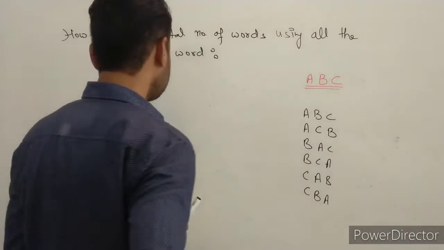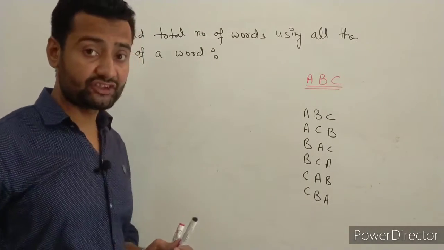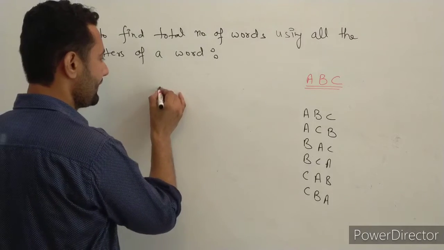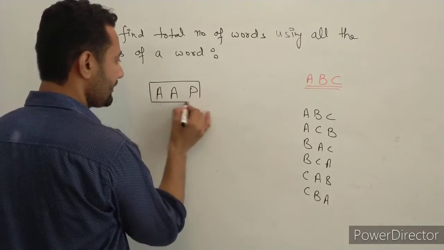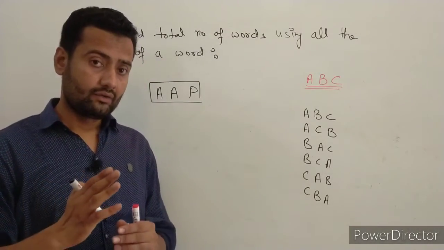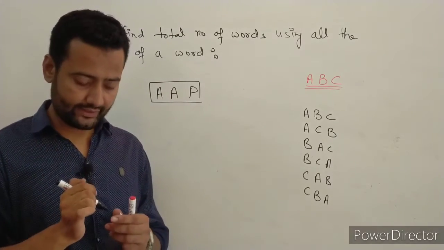If we have a word AAP in which a letter is repeated, AAP, then how many total words will be made using all the letters of AAP?